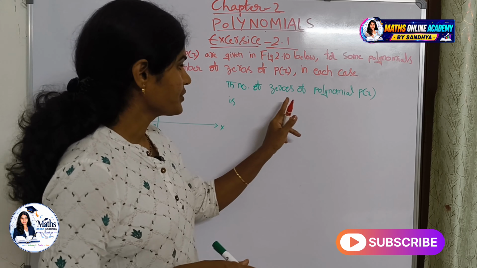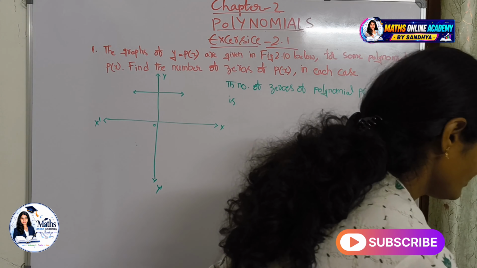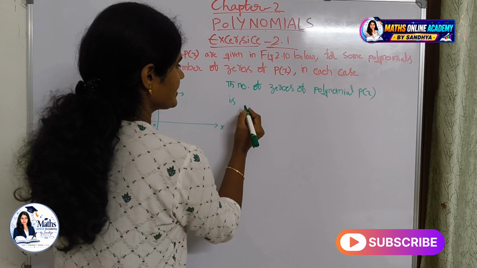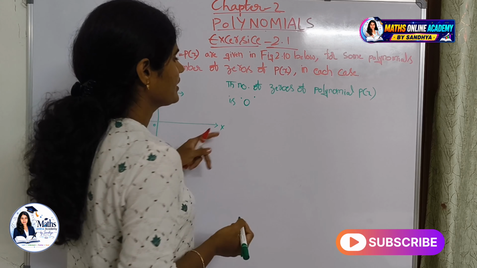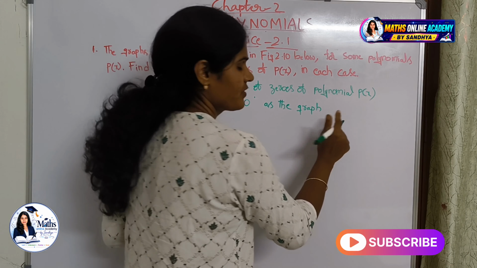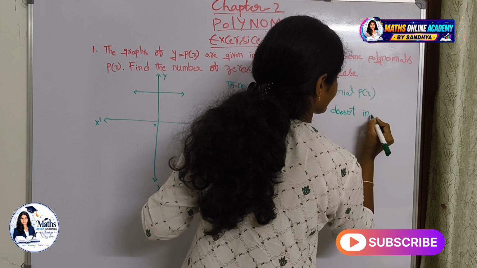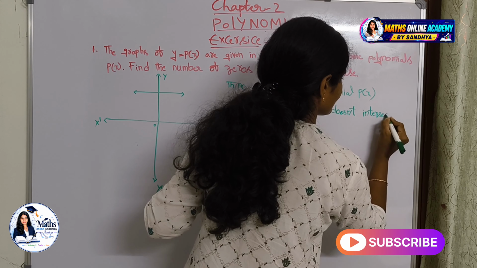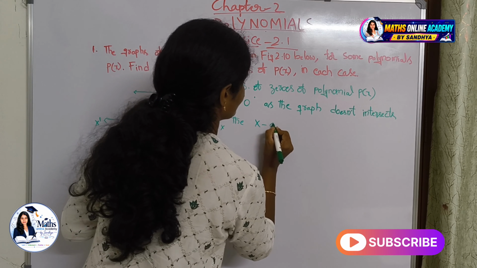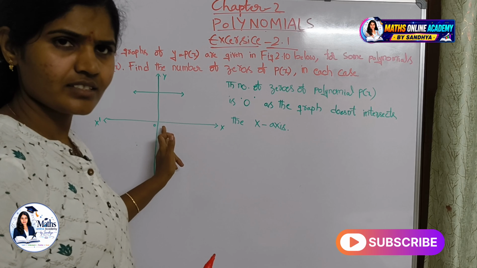Here it does not intersect the x-axis, which means the number of zeros of a polynomial p of x is 0, as the graph doesn't intersect the x-axis.